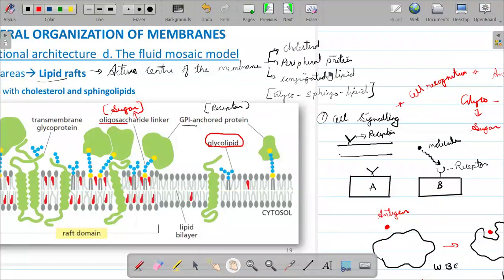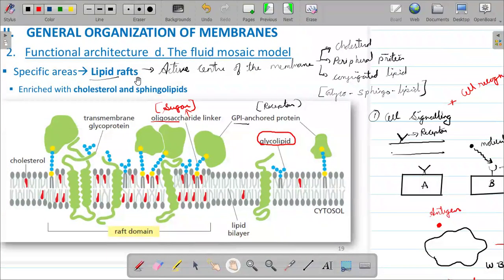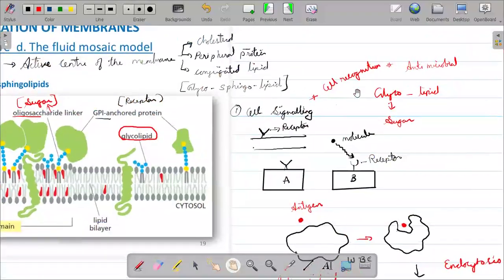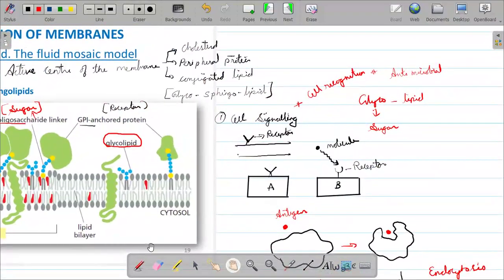Lipid rafts are nothing but the active centers joined by a sugar molecule into the membrane. The main functions are cell signaling, cell recognition, and antimicrobial response.